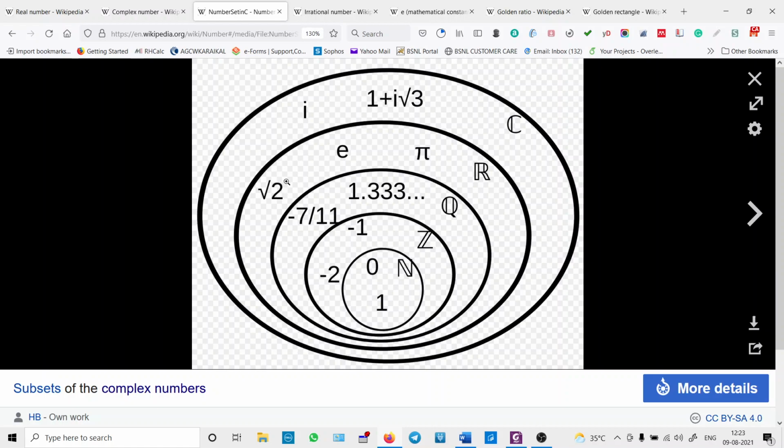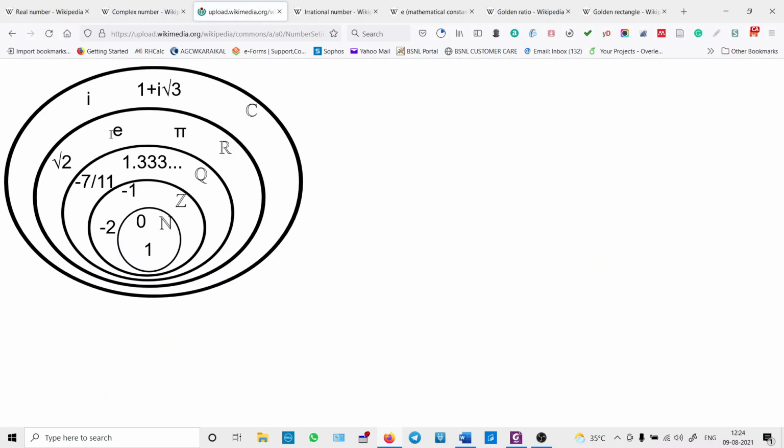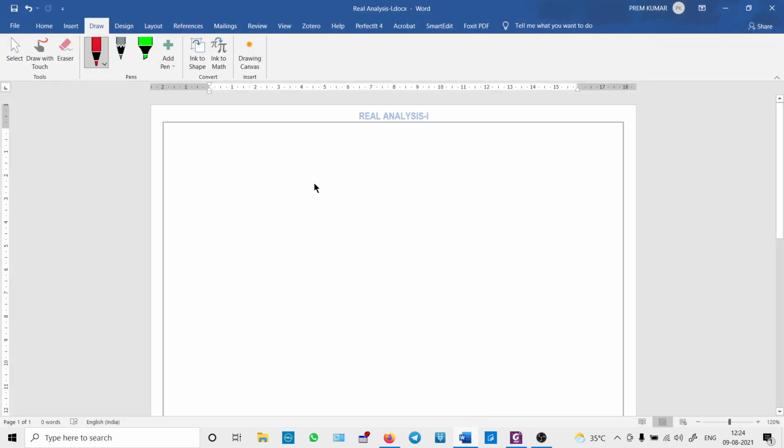You can see here e, root 2, pi, these are all irrational numbers. There is a definition for irrational numbers, we are going to see. And what are rational numbers? Rational numbers and irrational numbers are two disjoint sets which form the real numbers.